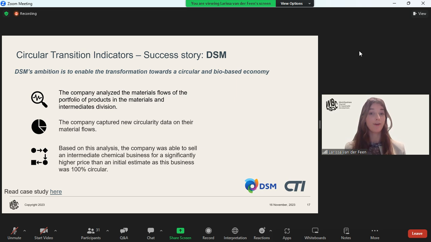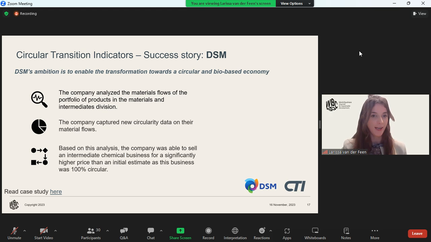And because they could also externally communicate, in an objective way, this is our circularity performance, in the end, they were able to sell this intermediate chemical business for a significantly higher price than its initial estimate. So they were really able to capture this value of circularity also on the market, which is a great good practice to show.